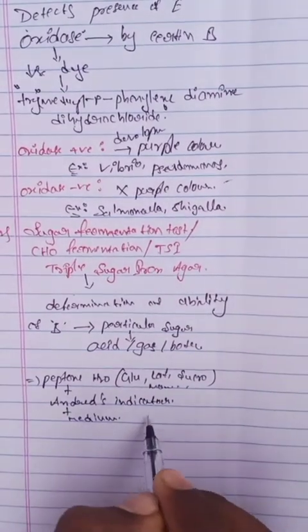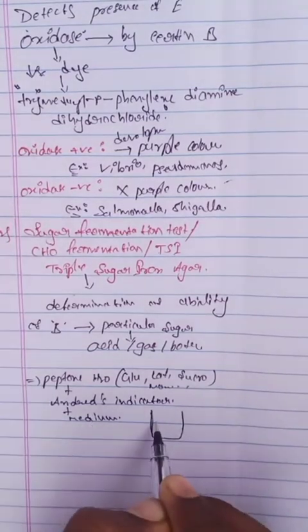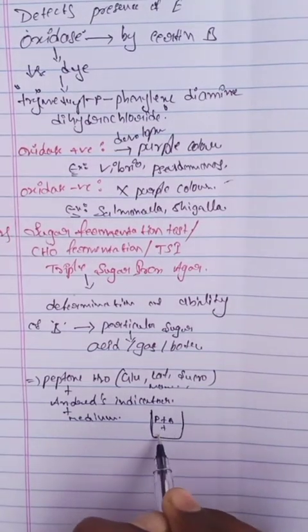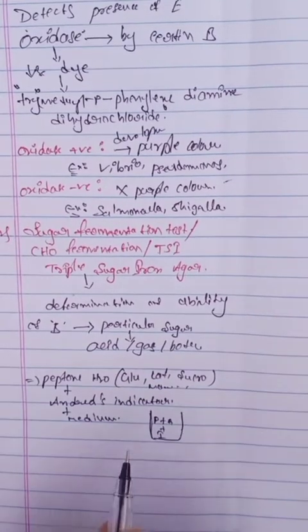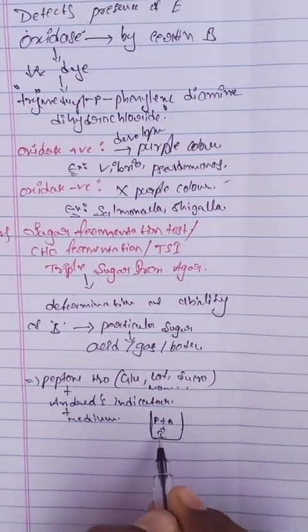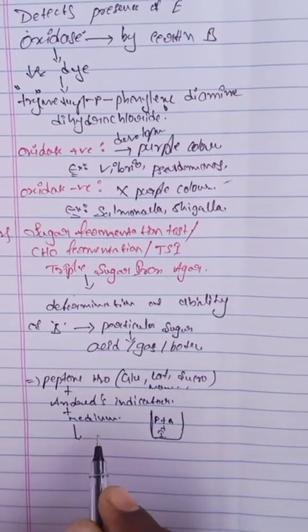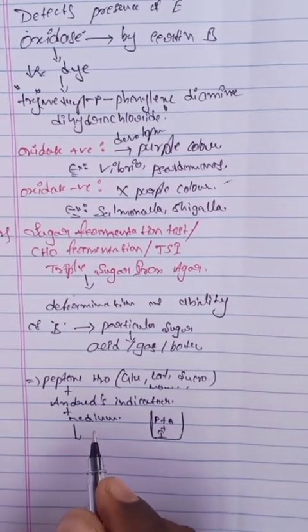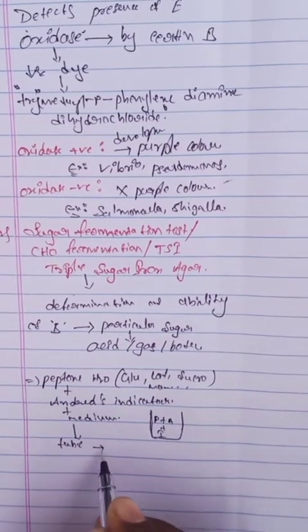These are all taken in a beaker. Next, the solution is transferred into an inverted tube, known as a Durham tube.